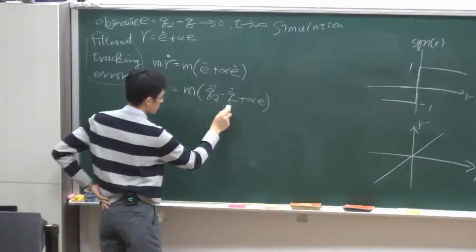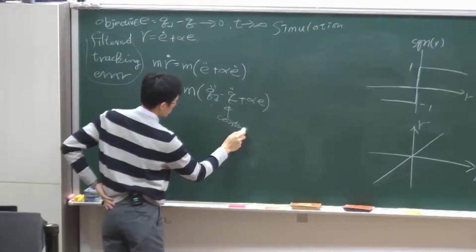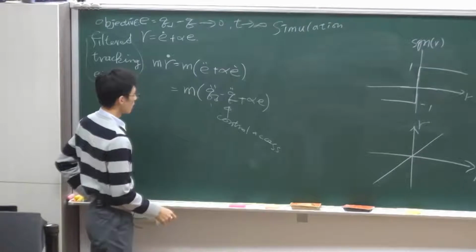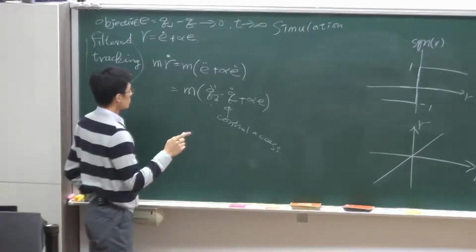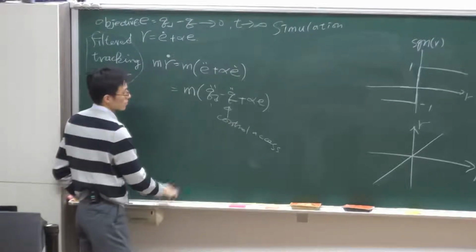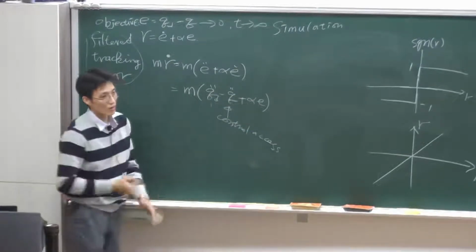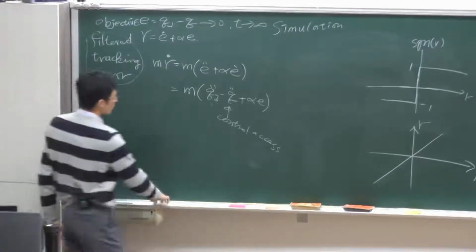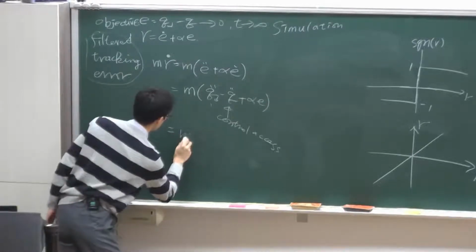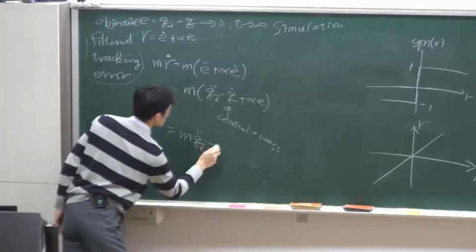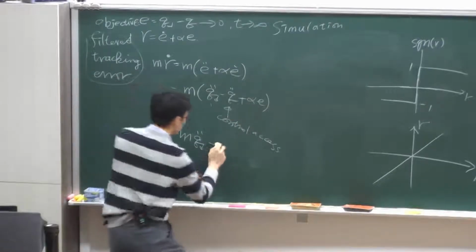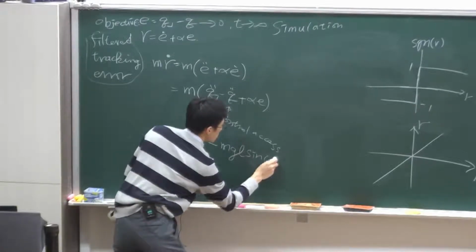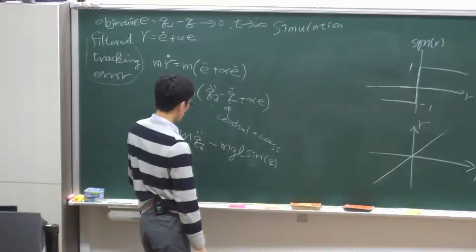And here's the control. So this is how that equation comes from, okay? You substitute the control in, minus M Q double dot. M Q double dot is that.